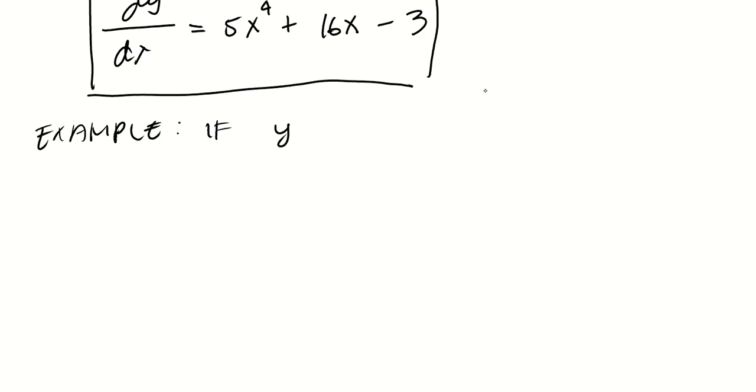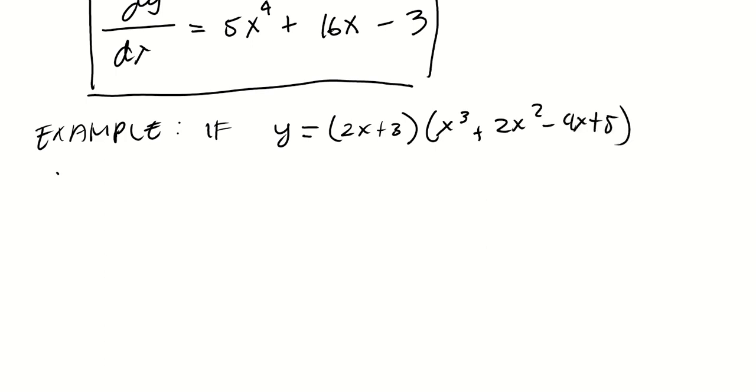if y is equal to 2x plus 3 multiplied with x cubed plus 2x squared minus 4x plus 5, determine y prime, or dy dx. This is another notation, y prime.